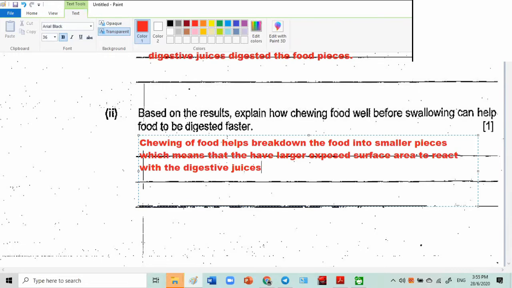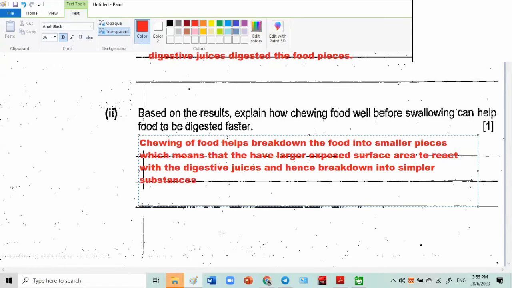Chewing of food breaks it down before swallowing immediately. They have a larger exposure to react with the digestive juice. Okay, and hence break down the food into simpler substances.